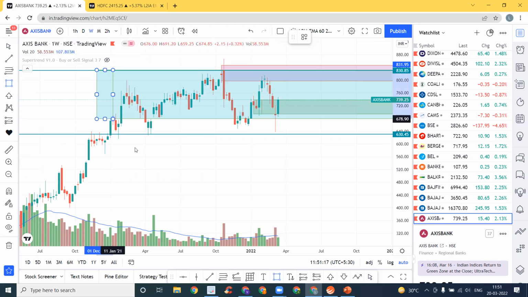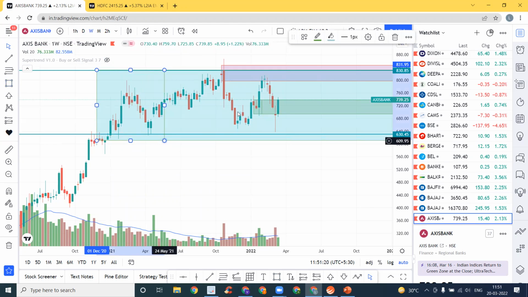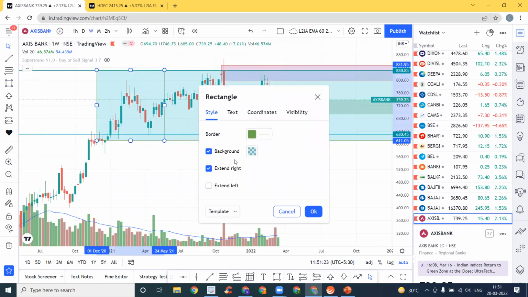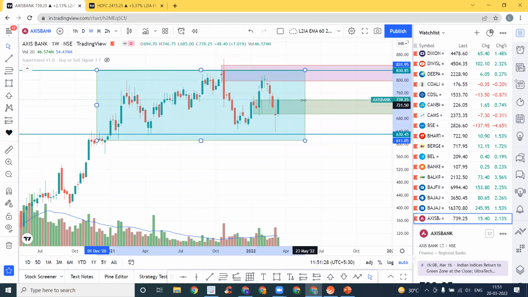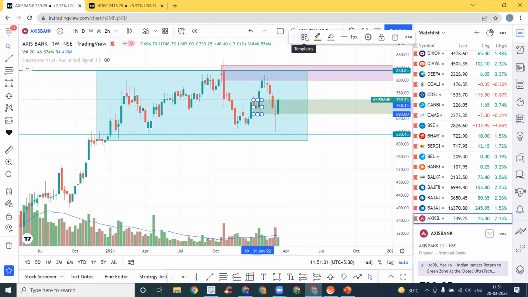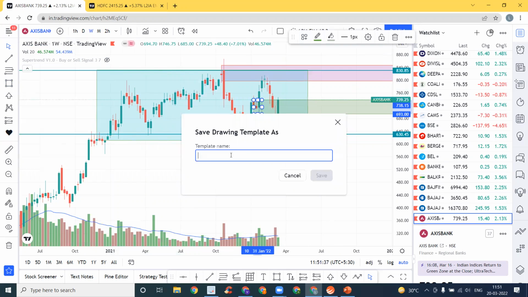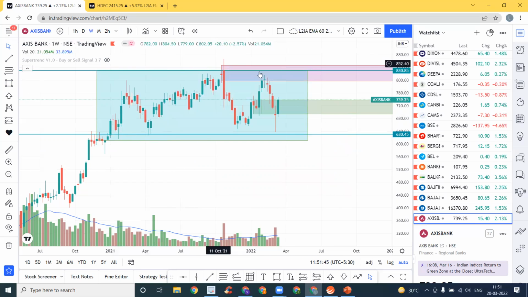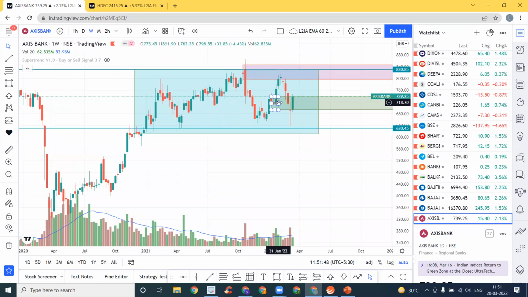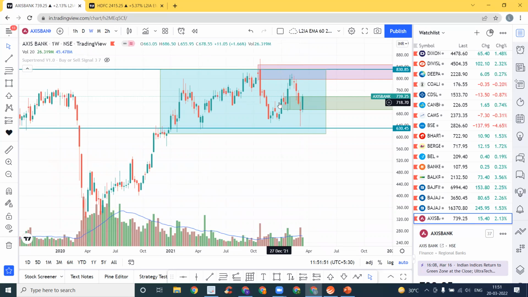If you see the last few months, the stock is moving only in this range. So Axis Bank, even though people will say that we should buy, it is a good stock, it is above the 800 level, it will go to 850. Okay, it will go to 830, I am not saying no.